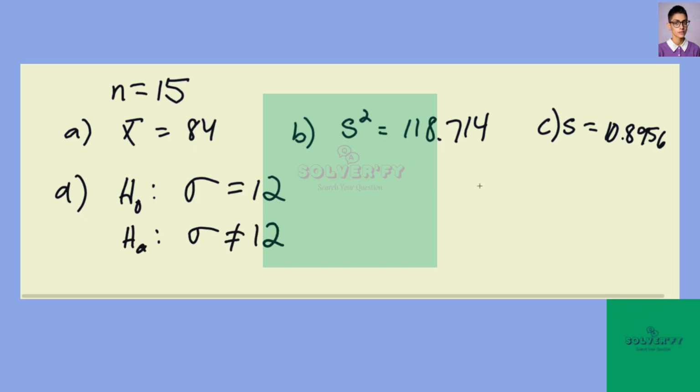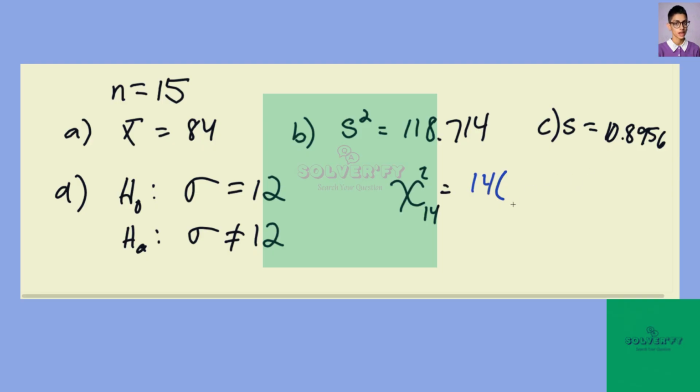And so we're going to calculate our chi-squared statistic, and we'll have 14 degrees of freedom, and we will take the n-1 times... I made a little mistake in my calculator. I put 15, so let me quickly change that.